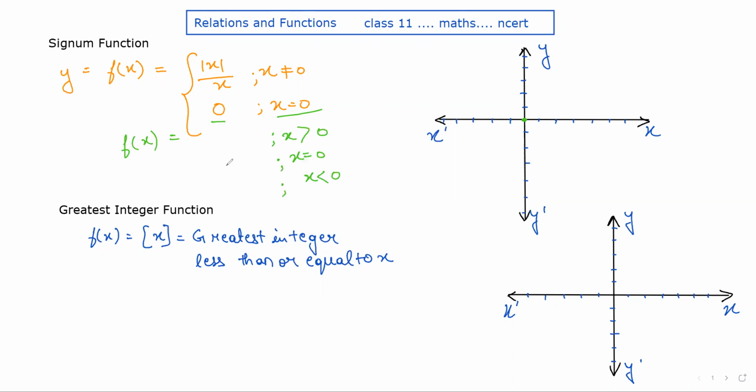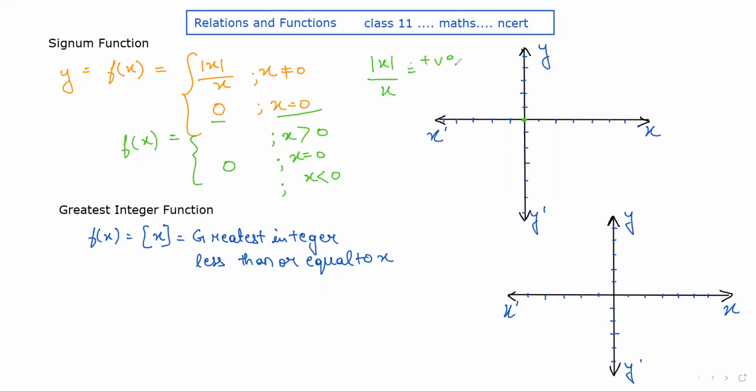For x equal to 0, f(x) is 0, already well defined. For x greater than 0, that means for a positive value, f(x) is equal to |x|/x. For positive x, the numerator will be positive and the denominator will also be positive.